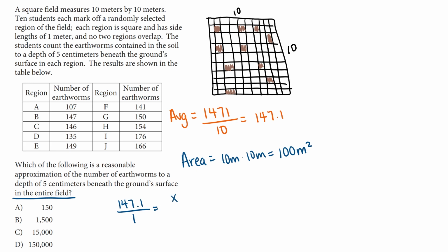So how many are there per 100 meters squared? We'll cross multiply. We'll get 147.1 times 100, which is equal to x, which means there's approximately 15,000 earthworms across this entire field. So our answer is letter choice C.